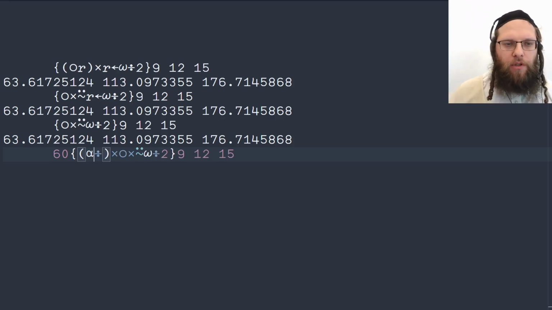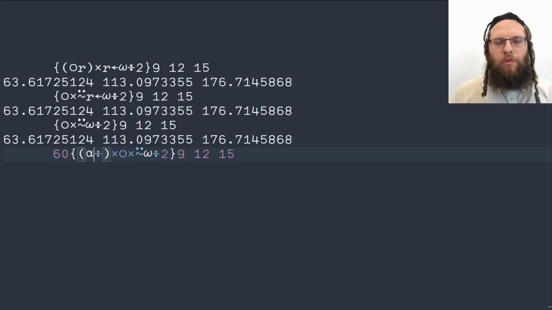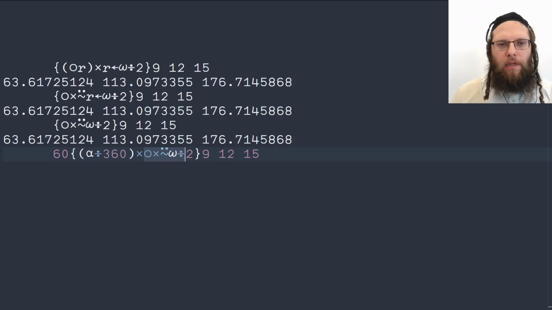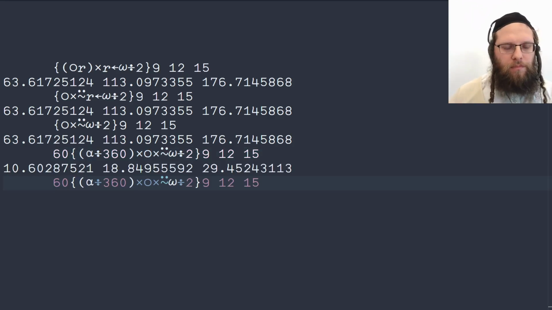So it's the left argument, alpha, the leftmost letter of the Greek alphabet, divided by 360. That's how big a part of the circle it is, and we multiply that by the area of the full circle. And so we can see that 60 degrees out of a full 360, that's a sixth of the full value. We get the area of a 60-degree slice or sector of a circle.